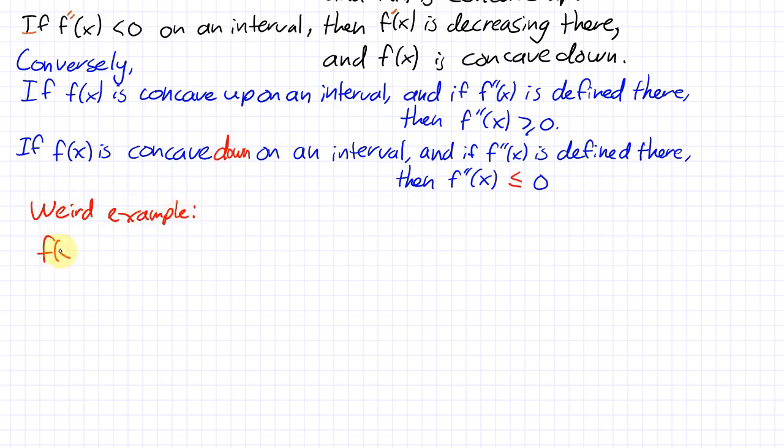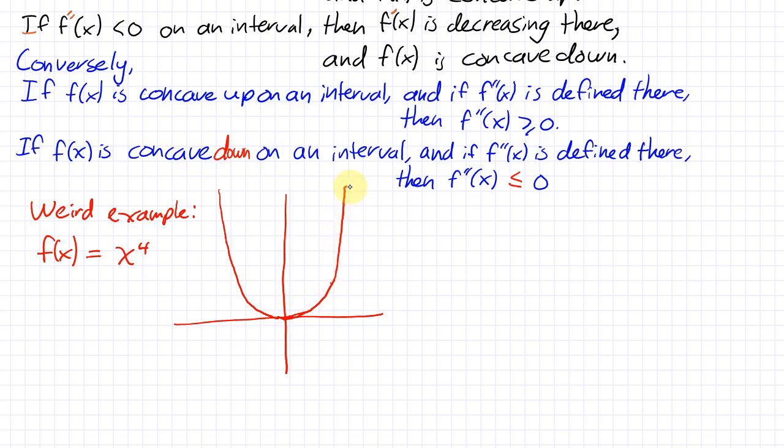It's not even that weird of a function, but if your f of x function is just x to the fourth, if you just make a graph of this, it looks like a parabola that just gets a little bit flatter than a regular parabola does near the origin, but it still has the same sort of basic form of a parabola.